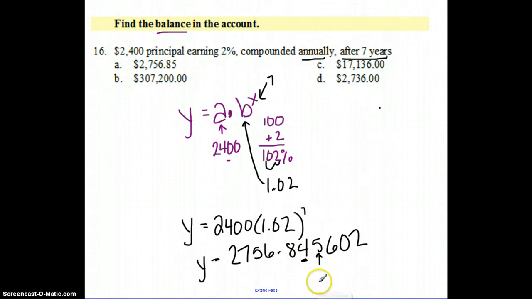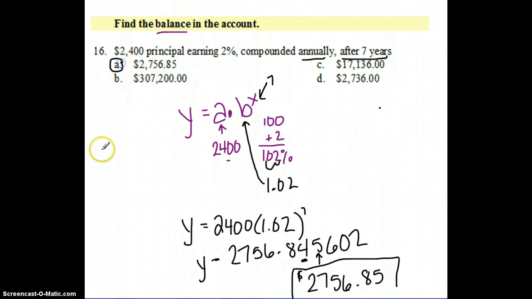That number is 5 or greater, so that means we're going to round up. So it'll be $2,756.85, and that's going to be our final answer. Which means if I was to look up here on 16, then my answer would be A.